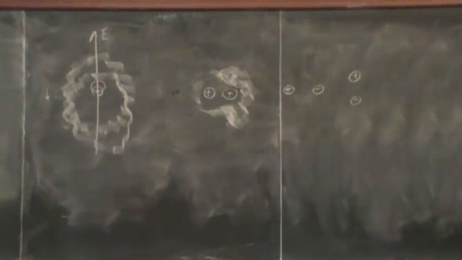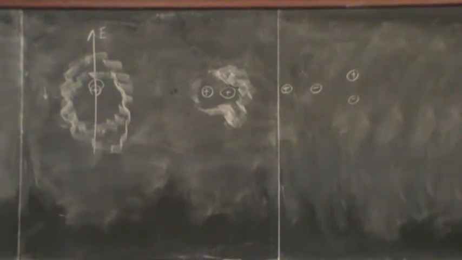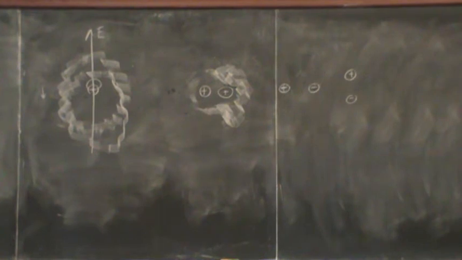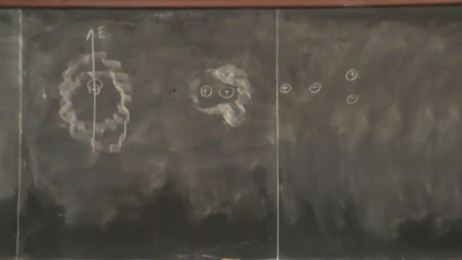Would that mean that the gas couldn't have a net electric field or a net dipole field overall, since any of them that do align will force others around them to align the other direction? Yes. And probably Professor Cornish could give you a proper statistical mechanical argument for why that has to be. But yes, there are rules that have to do with the way that atoms can align with one another.